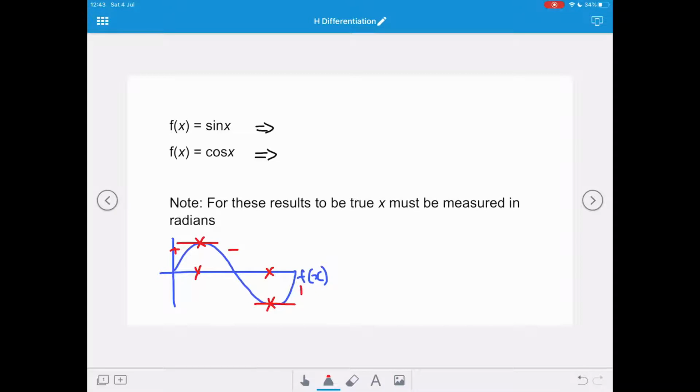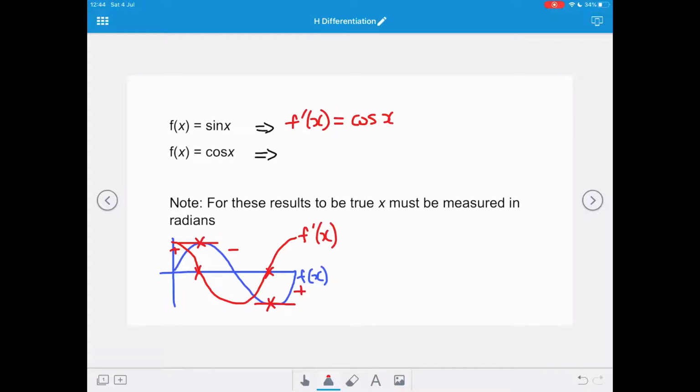Then we have to consider what's happening to the gradient before and after our stationary points. And so if we were to sketch in our derived function curve, we've actually ended up with the curve of cosine of x. And so the derived function of sine of x is the cosine of x.